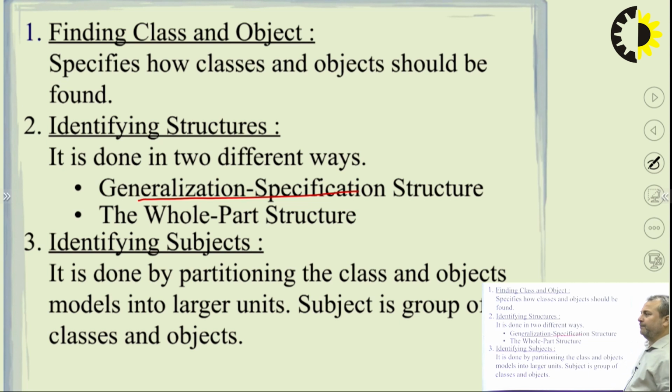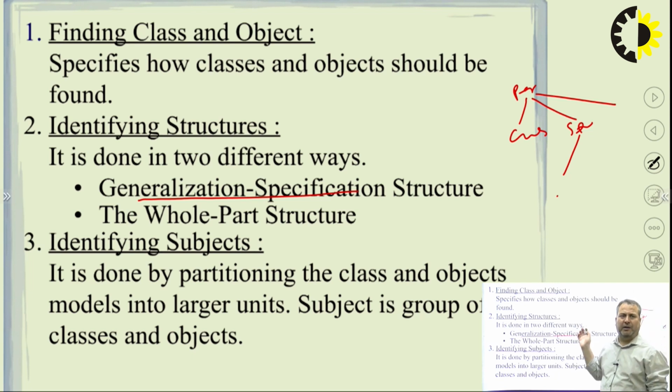Generalization-specification structure: suppose, for example, an object is a person. If we specify person, this could be a customer, this could be a student, this could be something else. Similarly, student could be a graduate student and so on.